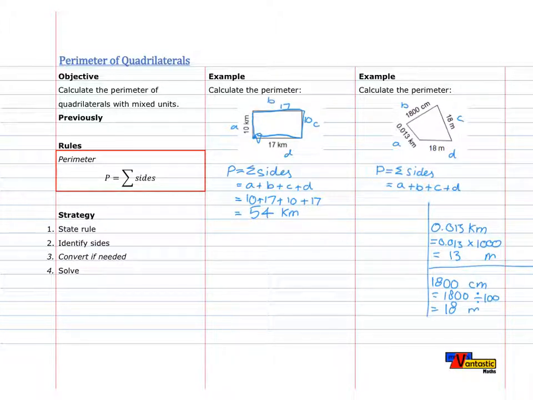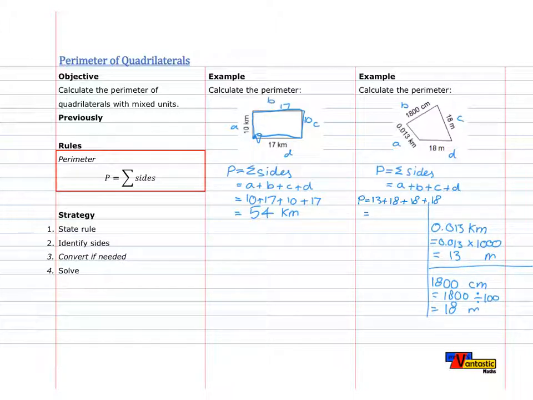And now that all four of our values, being A, B, C, and D, are in meters, we can add them all up like we did in the previous example. So our perimeter is going to be A, which was 13, plus B, which is 18, plus C, 18, plus D, 18 again.